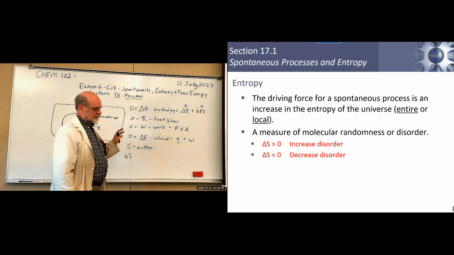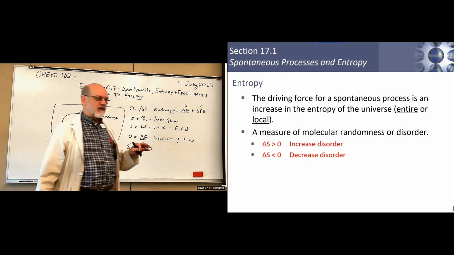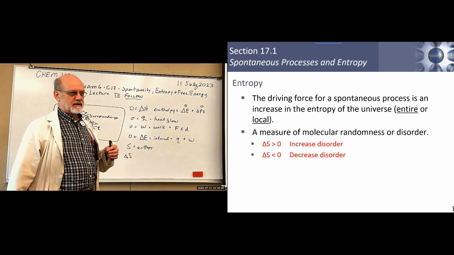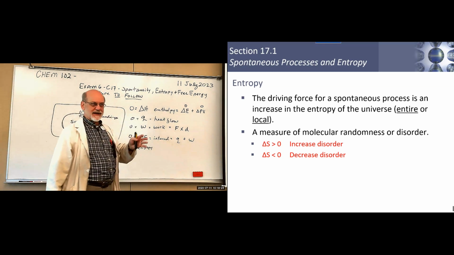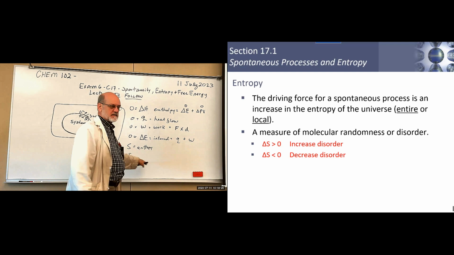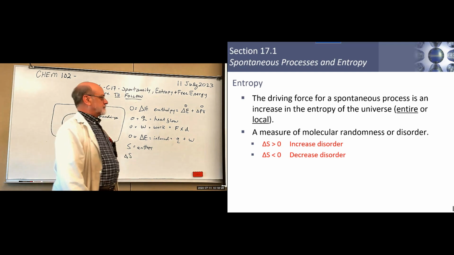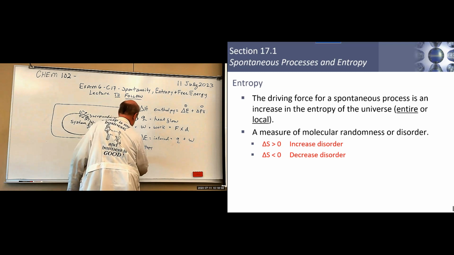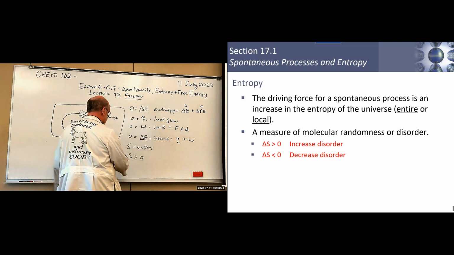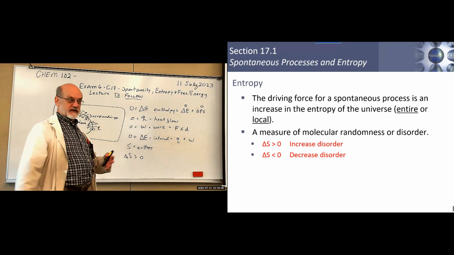In fact, entropy itself cannot be measured directly, not like temperature, not like heat flow, things like that. Entropy has to be calculated. And if the value is greater than 0, we say that the entropy is increasing. If it's less than 0, entropy is decreasing.